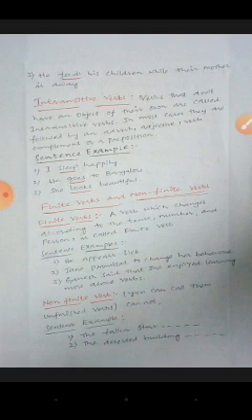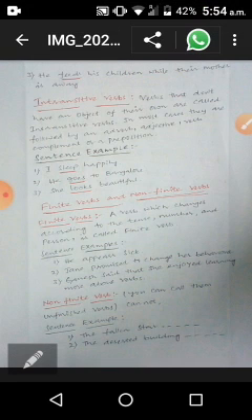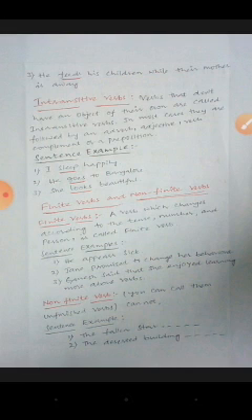Now let us discuss finite verbs and non-finite verbs. A finite verb is a verb which changes according to the tense, number and person. Sentence examples.